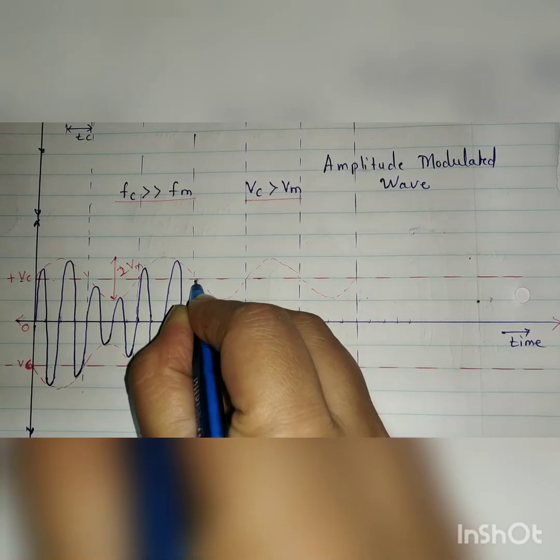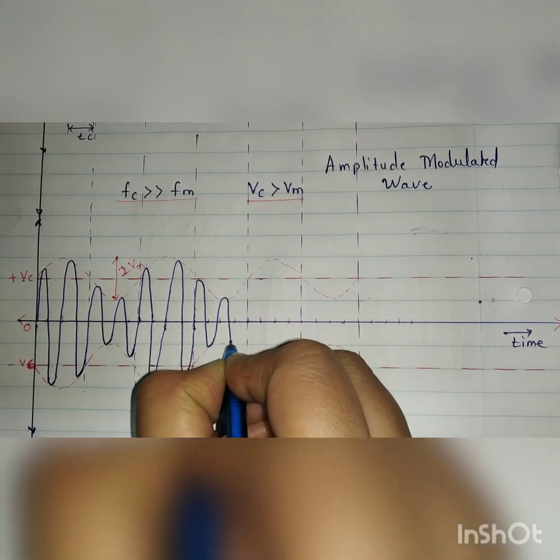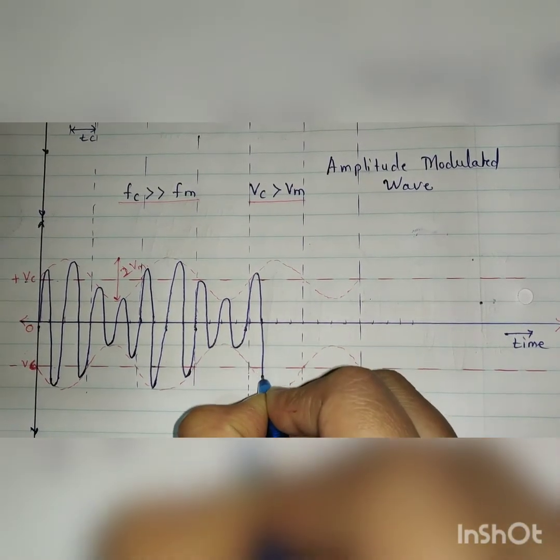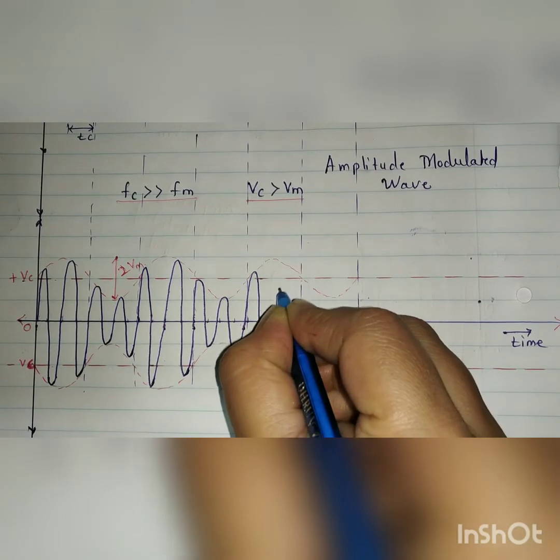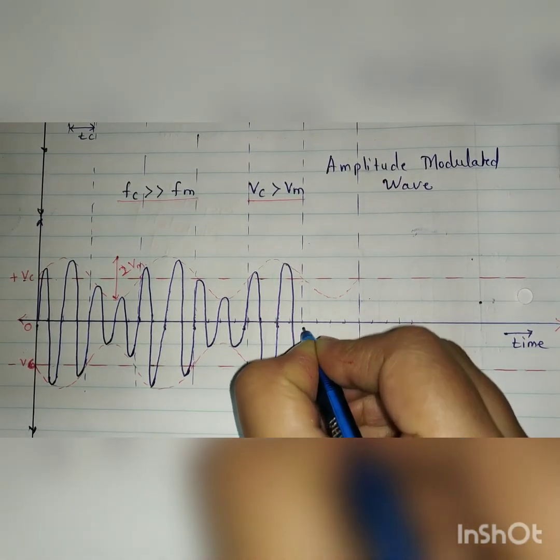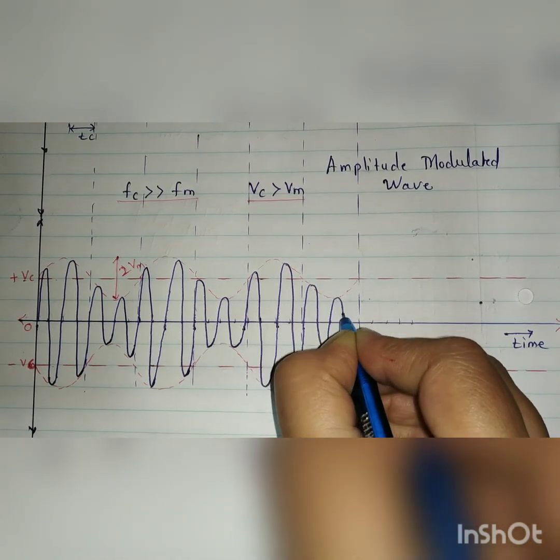Here you can see every peak is changing its own value according to modulating signal amplitude. But carrier signal time period, that is frequency and phase, is going to remain unchanged.